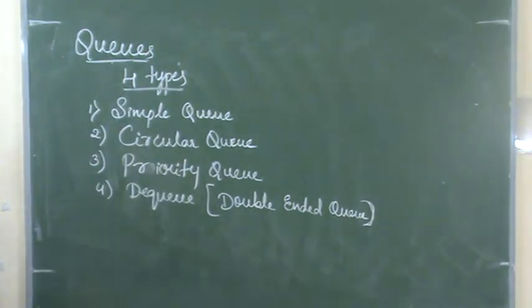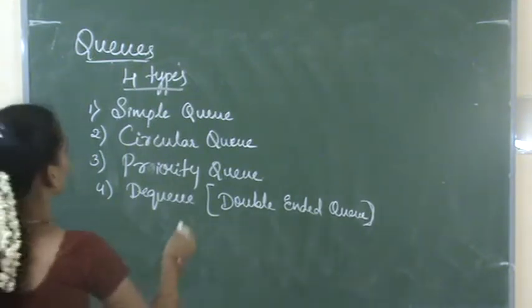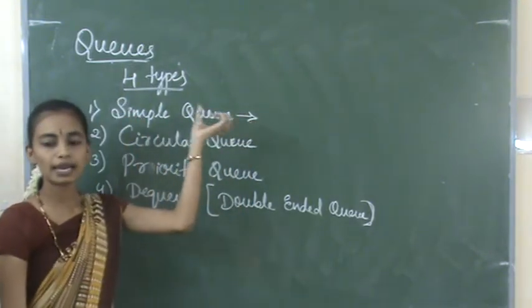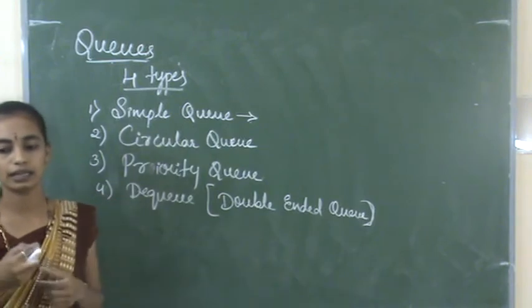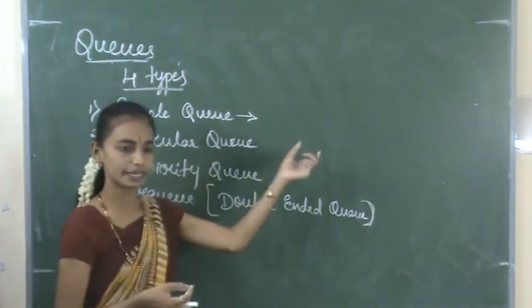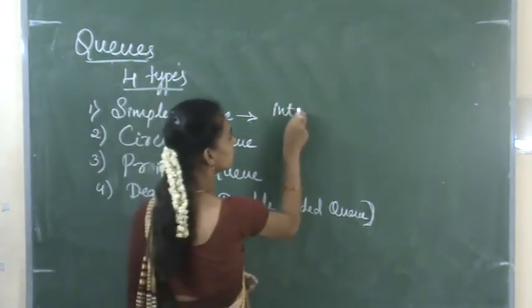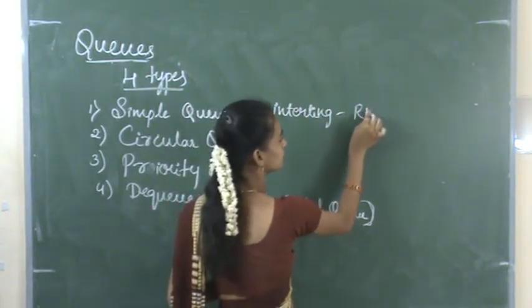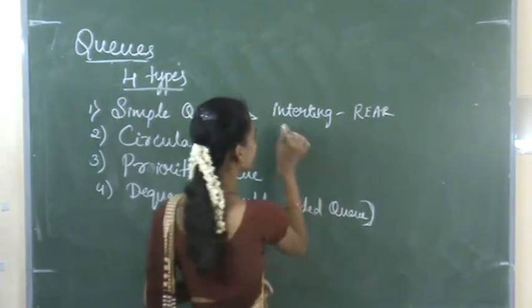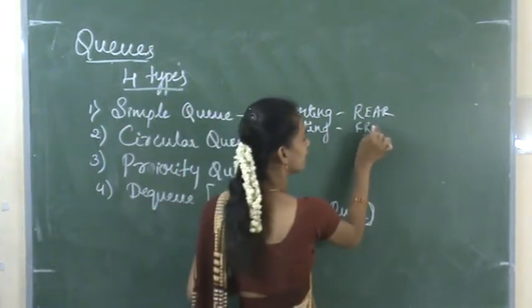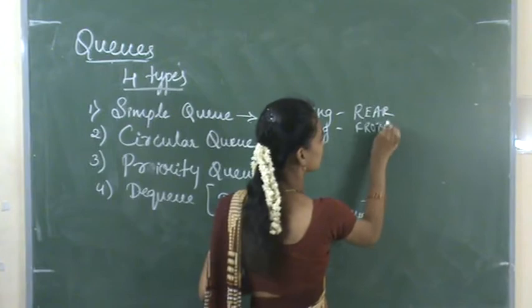First one is simple queue. In this simple queue, inserting an element takes place at the rear end and deleting an element takes place at the front end.